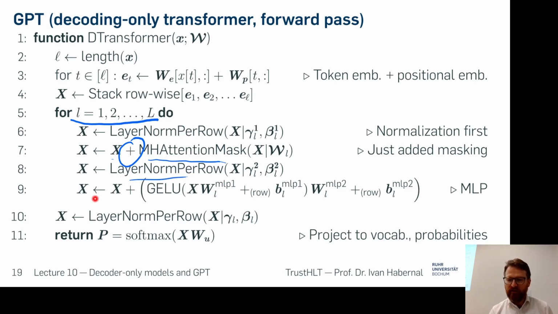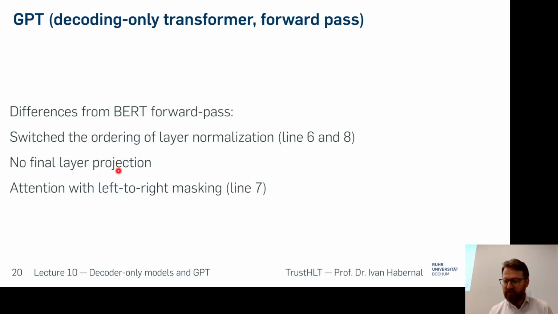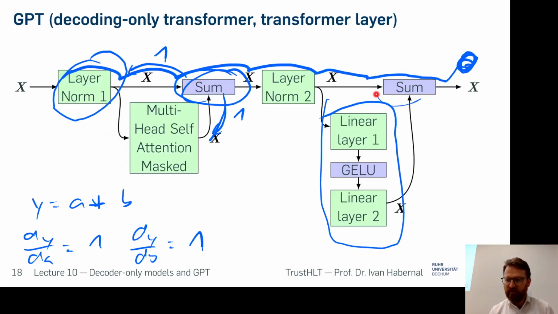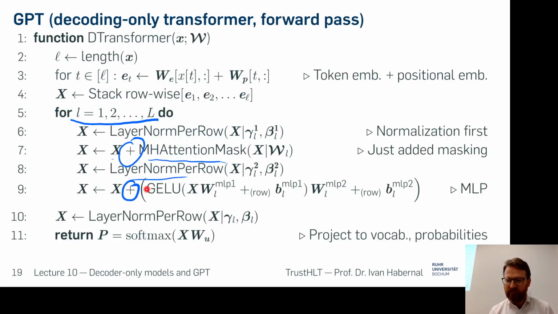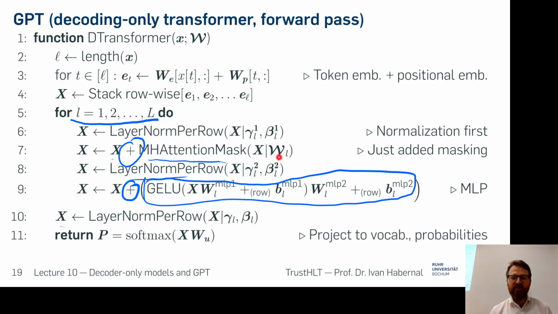And then there is again a residual connection, the sum. And here, this is the MLP or feed forward or however you want to call it. And then we do some more layer normalization at the end. And then we're projecting into the output space, which is the space of the vocabulary, and running softmax on that. Well, okay, this is it. This is GPT. No, seriously, this is GPT.